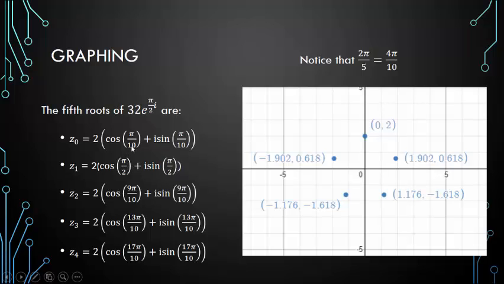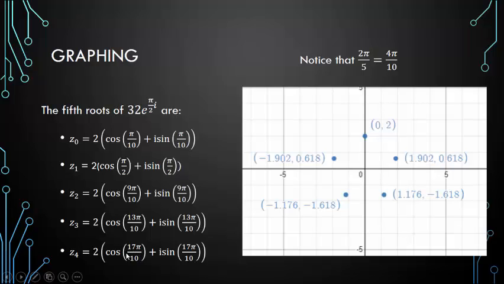Now because this has a denominator of 10, I thought, okay, 2 pi over 5 is the same as 4 pi over 10. So then I just added 4 pi over 10 each time. Pi over 10 plus 4 pi over 10 would be 5 pi over 10, same as pi over 2, 90 degrees. Add 4 pi over 10 again, and again, and again.